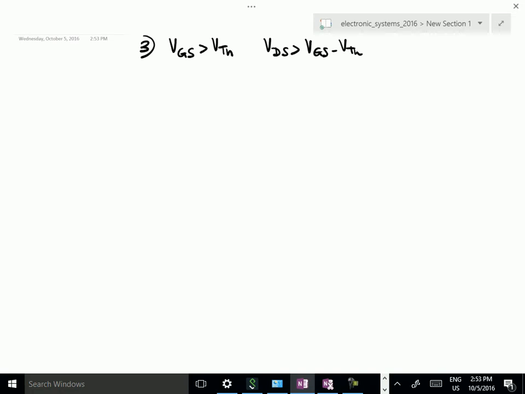The situation before was with the minus. Of course, with this third condition, we complete all the possibilities. This is called the saturation region.